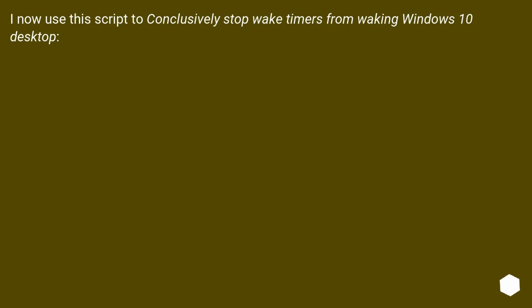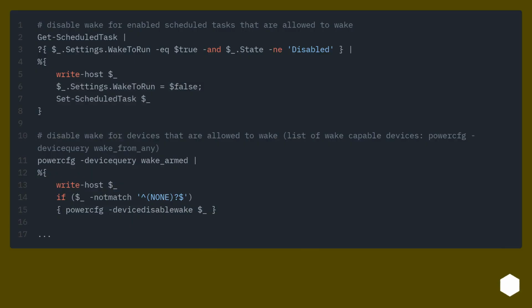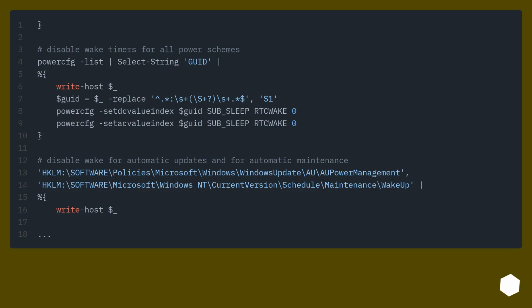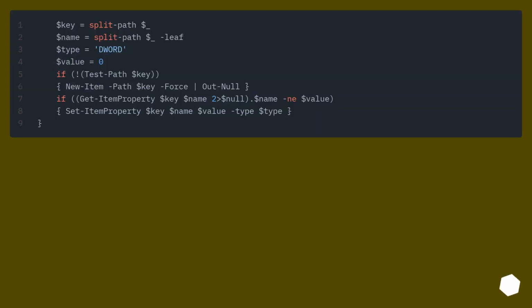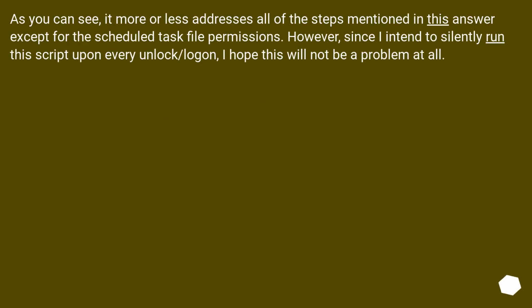I now use this script to conclusively stop wake timers from waking Windows 10 desktop. As you can see, it more or less addresses all of the steps mentioned in this answer except for the scheduled task file permissions.